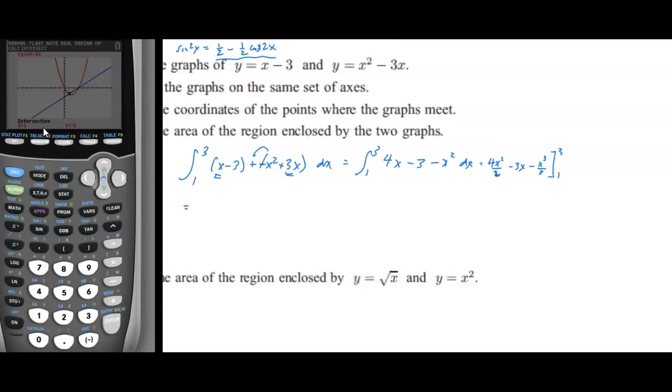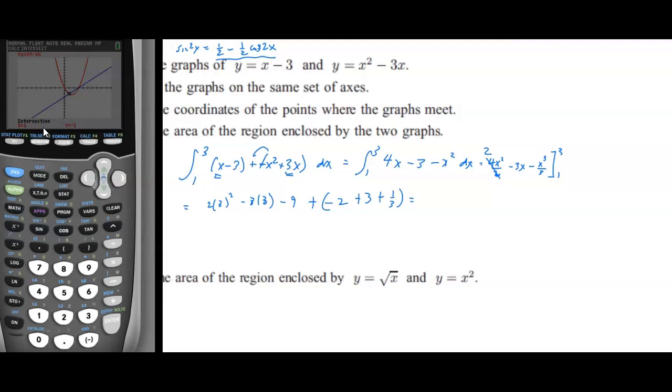So we'll put the 3 in, so this would be 2 times 3 squared minus 3 times 3 minus 3 cubed over 3, which would be 9, because it's 27 divided by 3, right? And then we're going to subtract everything with 1 plugged in. So it would be 2 times 1 squared minus 3 times 1 minus 1/3. So if we distribute the negative sign, it would be negative, positive, positive.